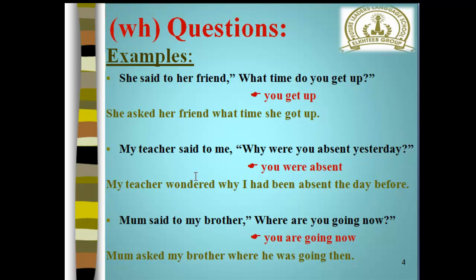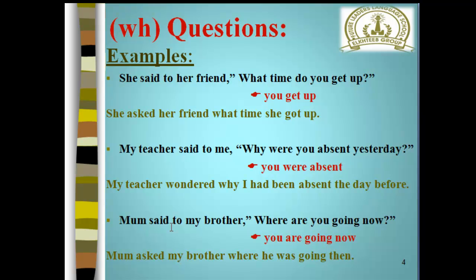Then my teacher wondered why I had been. Change the past simple into past perfect as explained in episode 1 in part 1. Change yesterday into the day before. We changed the adverb and the tense because the introductory verb is in the past. So my teacher wondered why I had been absent the day before. Then full stop. Don't use a question mark.